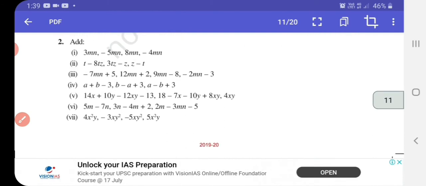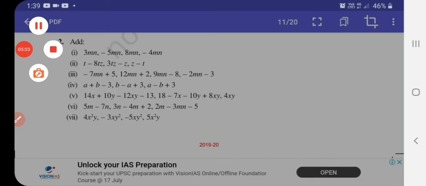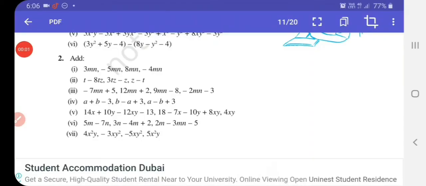Our second question is t minus 8tz, comma 3tz minus z, comma z minus t. Okay. Now you have to add these algebraic expressions.